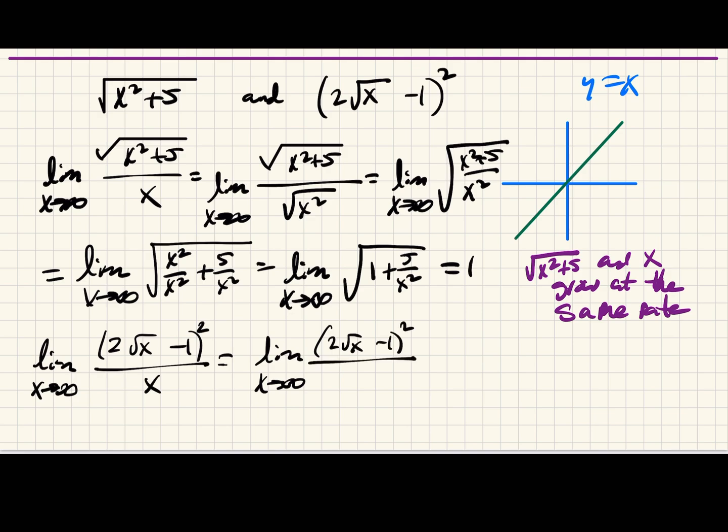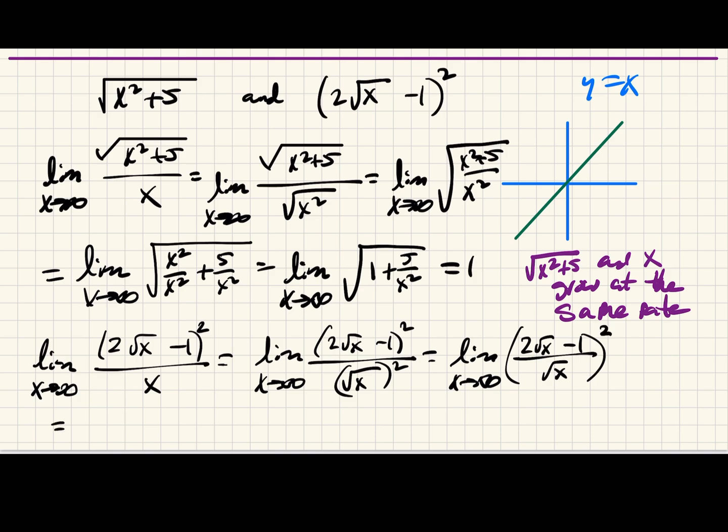It'd be nice if I could get them both under a square, right? And I could if I wrote that as the square root of x, squared. Now I have the same exponent on the top and the bottom, so I can write it under one exponent of 2. So I have the limit as x goes to infinity of (2 root x minus 1) over the square root of x, all squared. And now I can do something similar, right?